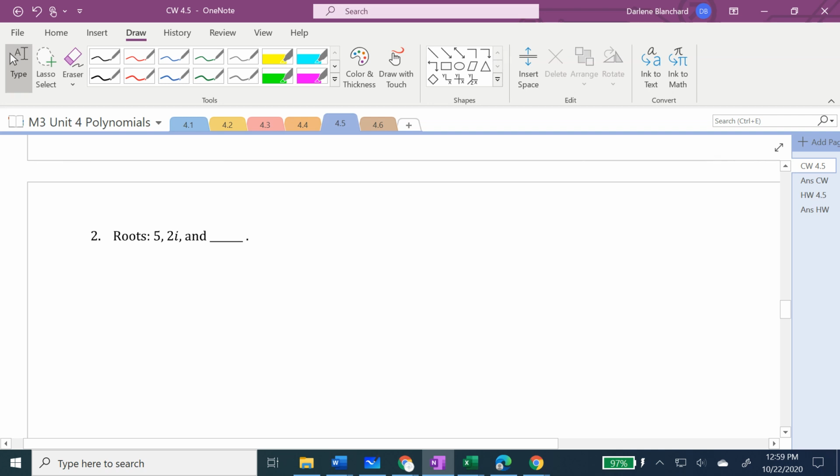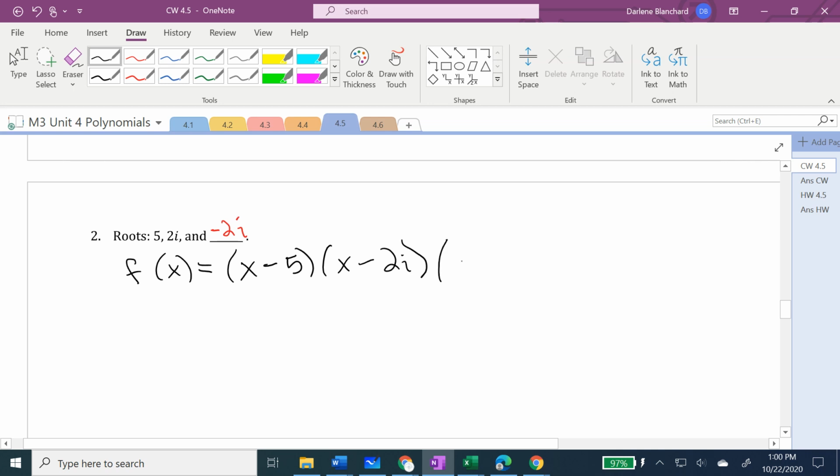So when you look at this problem number 2, you need to know that you need the conjugate, negative 2i, to be a root as well. Now again, no information is given about the leading coefficient. So all you're going to do is make the leading coefficient be 1, and then write the factors of x minus the root that is 5 times x minus the root that is 2i times x minus the root that is negative 2i.